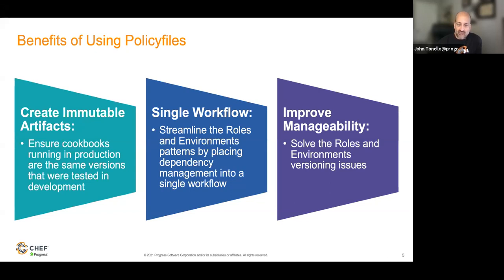And policy files use a hash construct for revision versions that you can use and refer to. So that makes it even more secure, and sort of removes some of the risk and the doubt that you might have when you're deploying something into production, particularly.